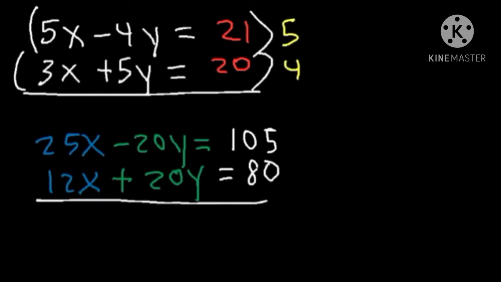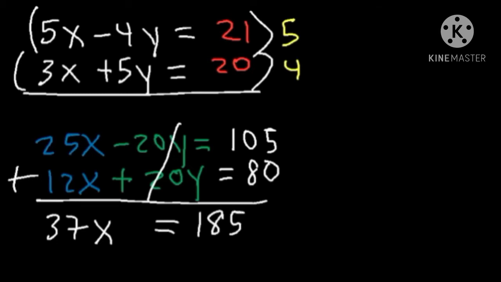Now let's add the two equations. 25x and 12x adds up to 37x, and then negative 20y and 20y adds up to 0, and 105 plus 80 is 185. So now let's divide 185 by 37.